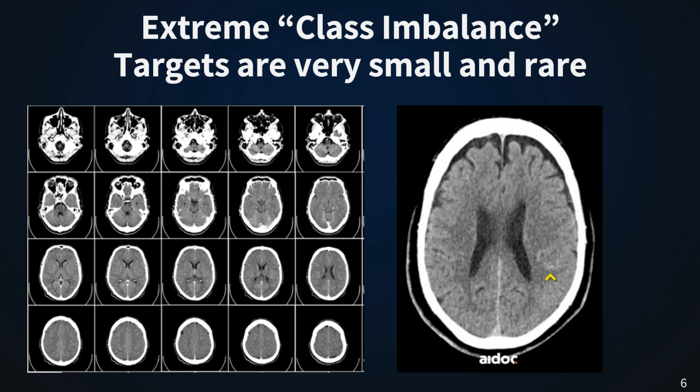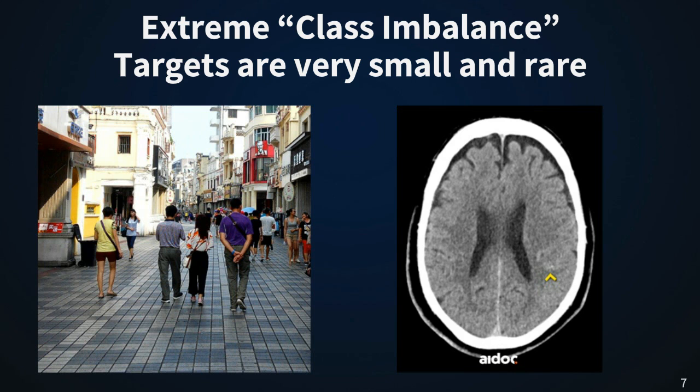And just to compare that to the classical challenge in a classical computer vision data set, I put on the left an image that is like a typical image from a pedestrian detection data set, which could maybe be used by an autonomous vehicle algorithm. And in this case, the findings that this algorithm will try to detect are the people in the image.